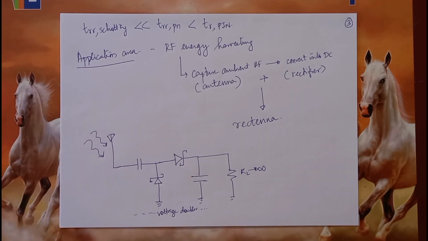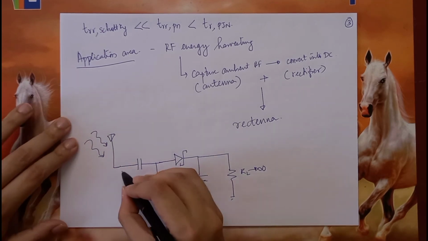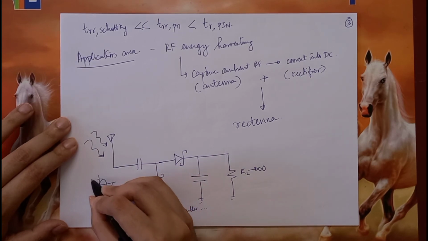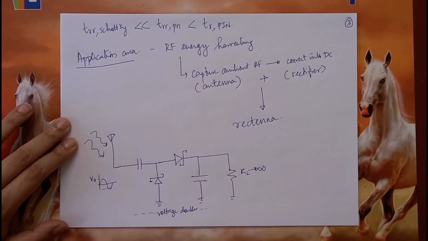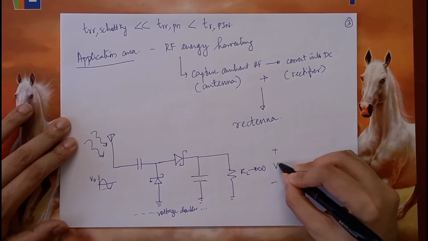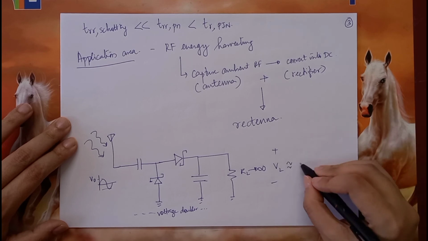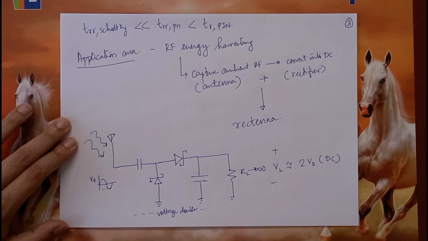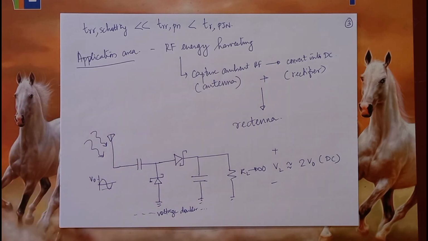Now what a voltage doubler does, ideally, is that if the signal that you're receiving has a magnitude of V0, then ideally the load voltage will be of a magnitude 2V0 in DC. This is how a voltage doubler works.